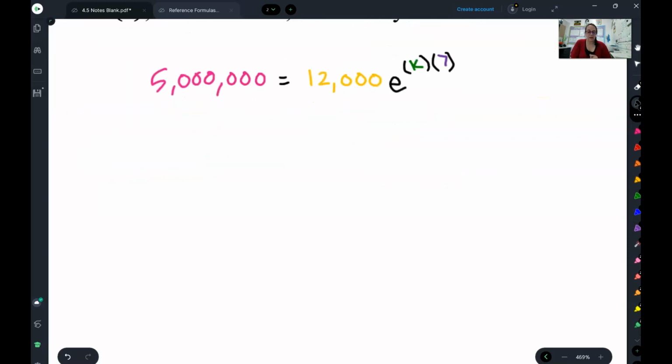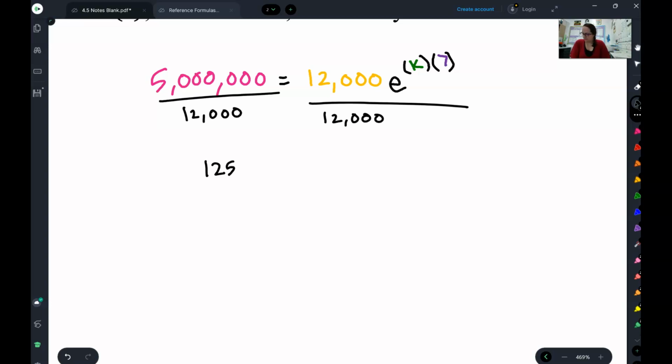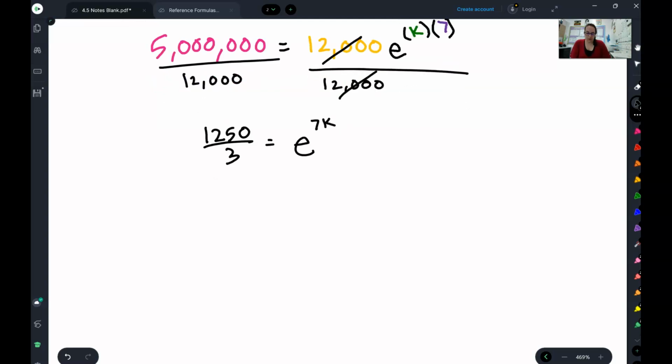And now I can take all of this to solve for K. So we're going to divide by 12,000. That gives us 1250 over 3. If we plug that into our calculator and simplify it, e to the 7k. Change the form and flip the input and output.